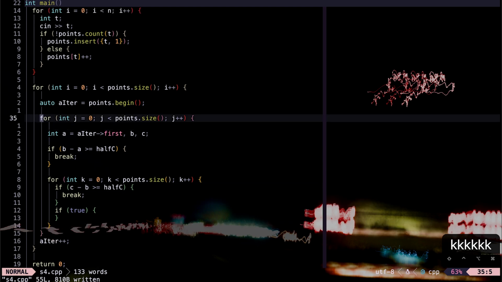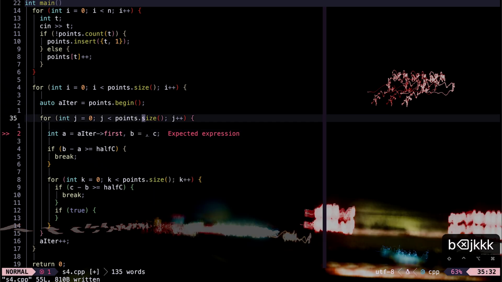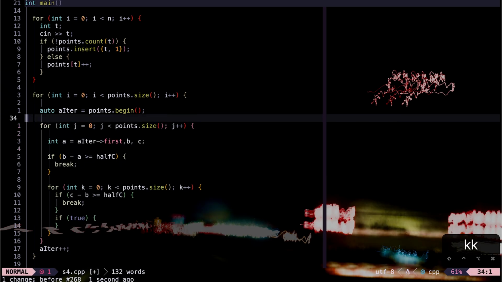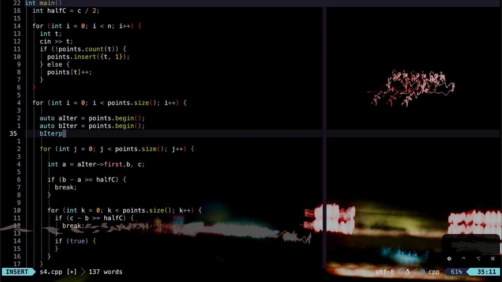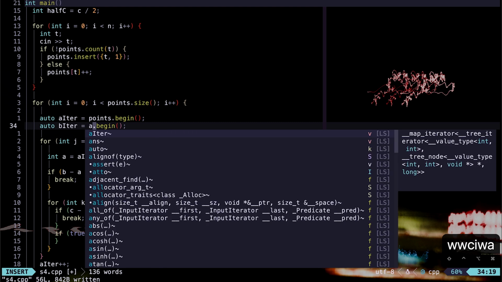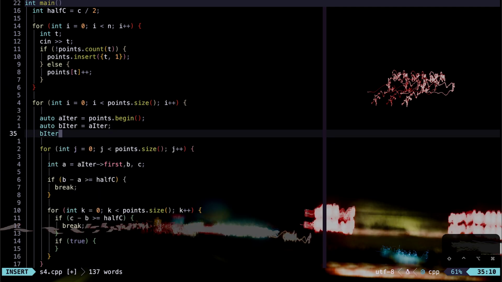So a iterator, b iterator equals begin. There's always one larger than a iterator.